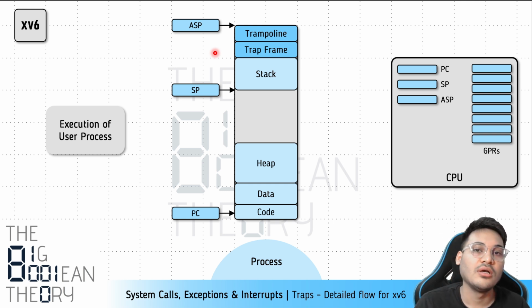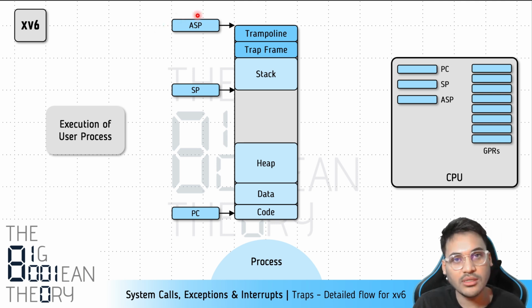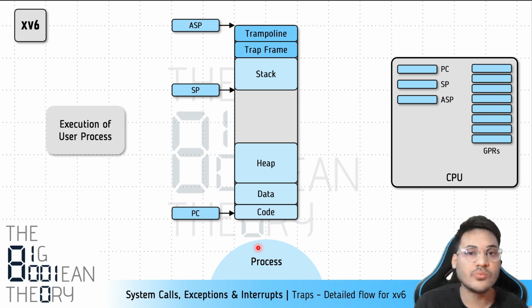Since we have not discussed in detail the concept of a page table, we will talk about it in great detail in one of the future modules on memory management. That is why, in order to simplify things, I have assumed that there exists an address space pointer which points to the address space of the user process. Whenever the user process wants to access its address space, it can do so via the address space pointer.